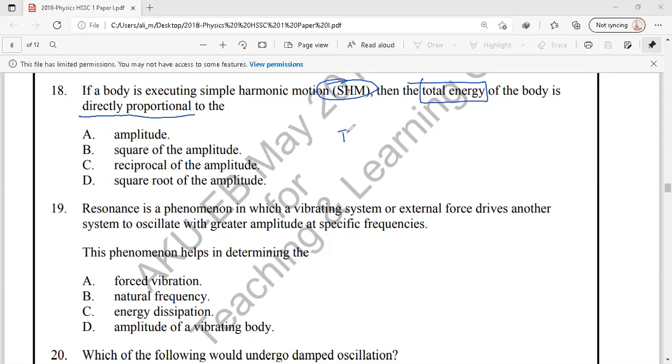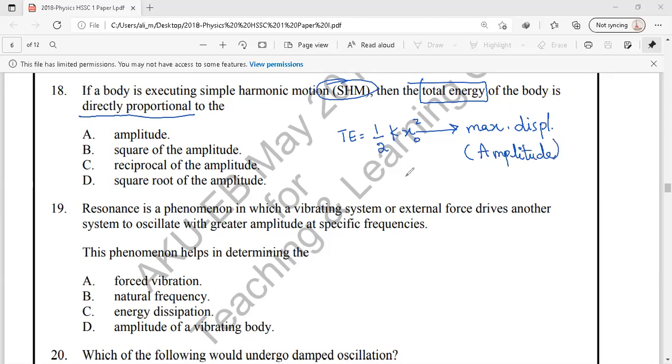So we know that the total energy in a body that executes simple harmonic motion is equal to half k x naught square, where k is a constant, while this x naught is the amplitude or maximum displacement. So this maximum displacement is our amplitude.